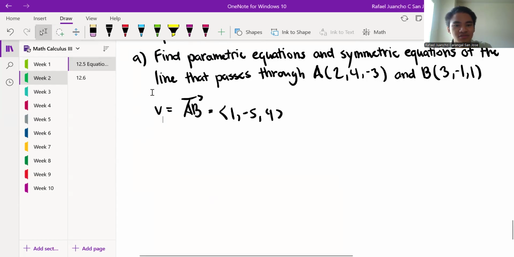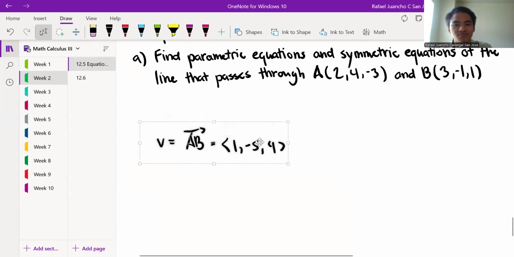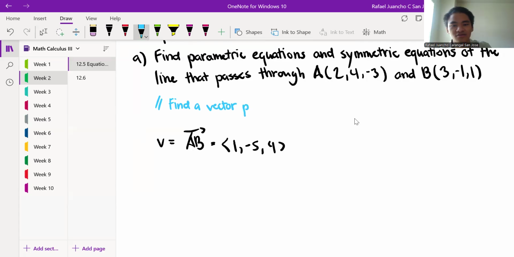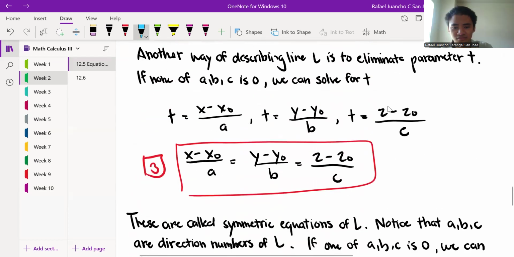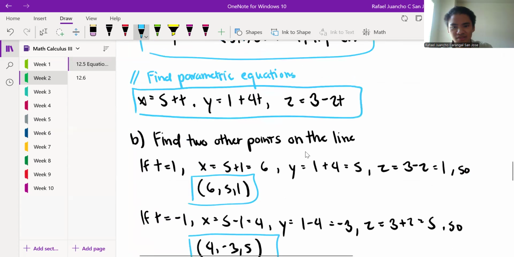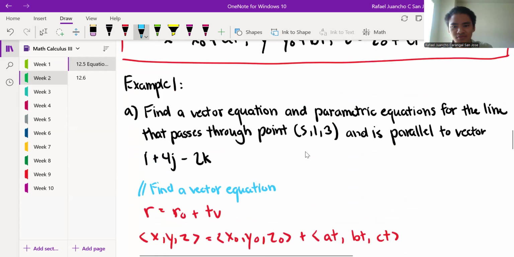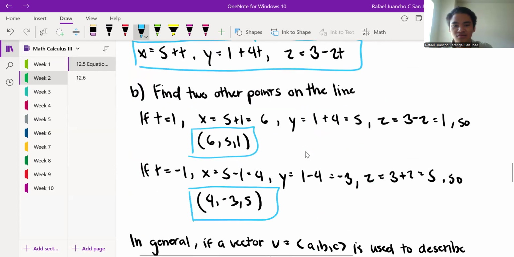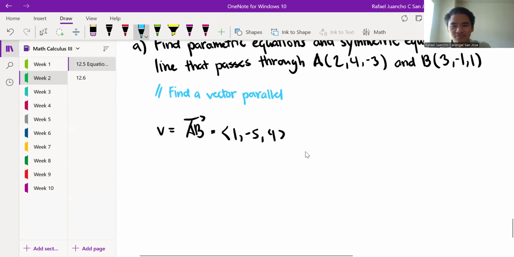so I'm going to list down the steps so that it's not confusing. The idea here is to first find a vector parallel, right? Because that's what we need. We need a vector that's parallel to the line, or to some line L, right? Okay, so now we have this thing.